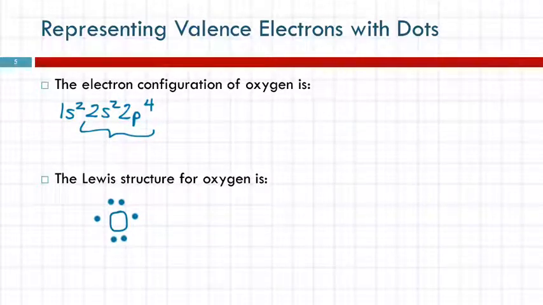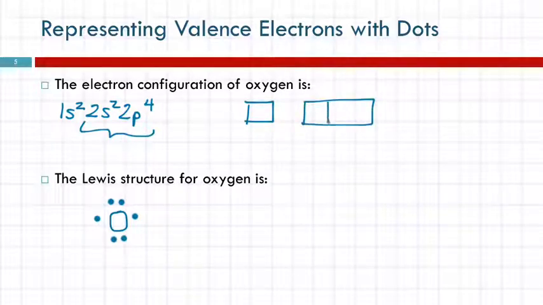I don't usually go over this, but I'm going to show you this because it's cool. If we look at the orbital diagram and put the 6 electrons in there, 1, 2, 3, 4, 5, 6, these 2 electrons are paired up, those 2 electrons are paired up, and then there's 2 electrons that are unpaired.